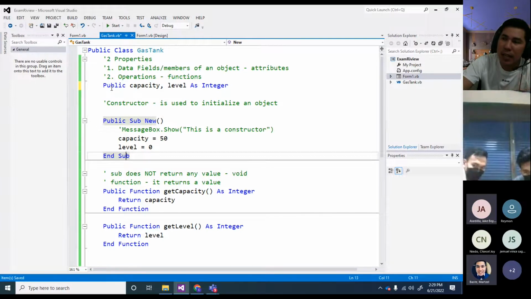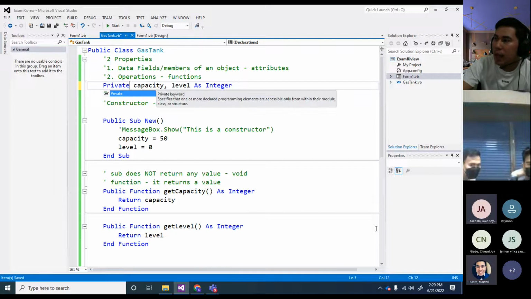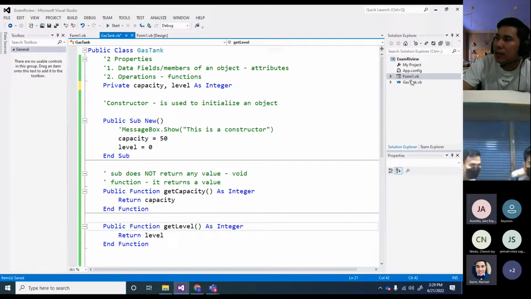So public is anything that can be accessed even outside of this class. Pag may tag private, it's a property of a class or encapsulated class which cannot be accessed outside of this class. So meaning to say, if naka-declare ko og private ani, I cannot access it here, no?